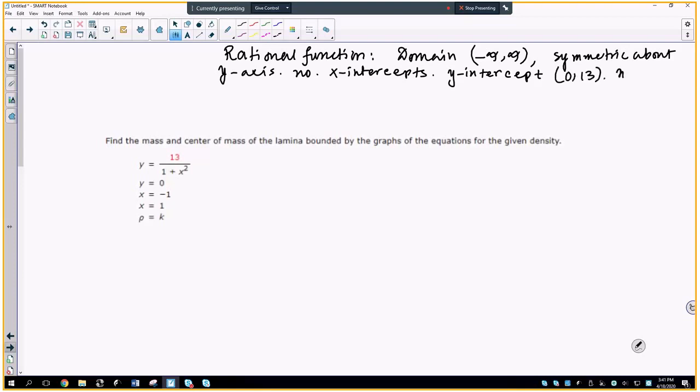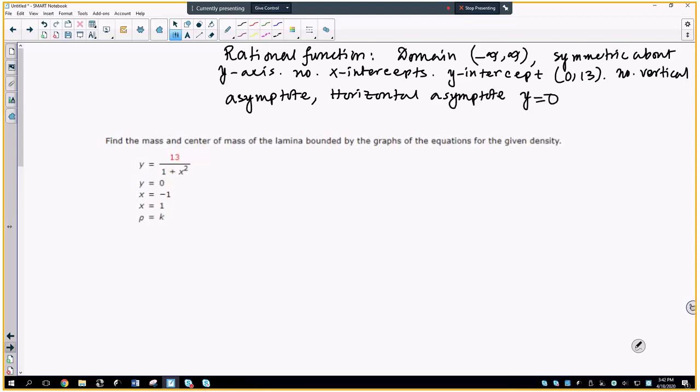It doesn't have vertical asymptotes. But in the long run, as x goes to infinity or as x goes to negative infinity, the y value goes to the value of 0. So it has a horizontal asymptote at y equal to 0.